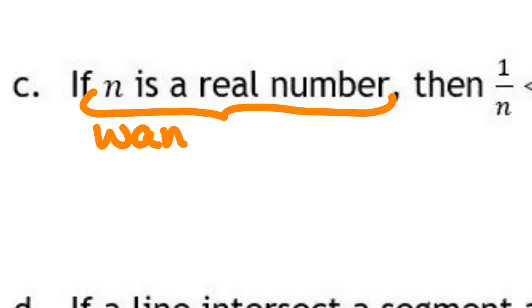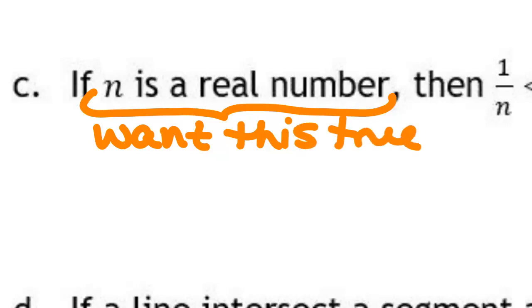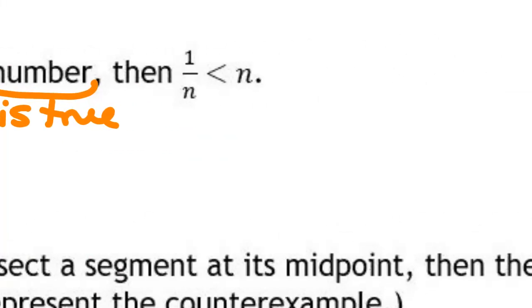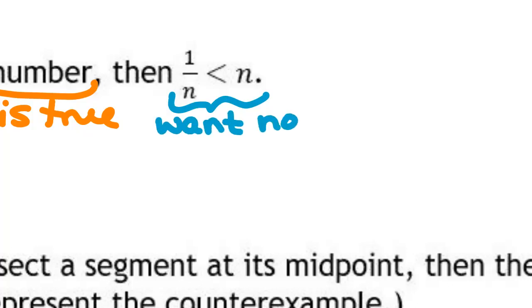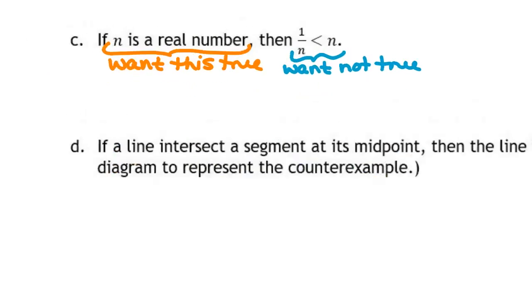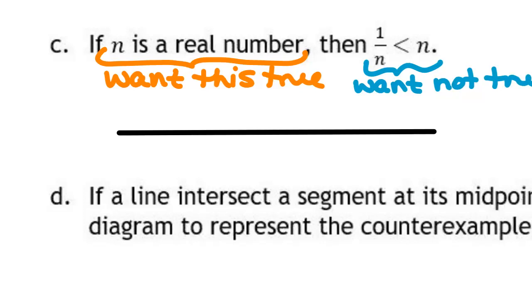I have to pick out a real number. But I want this back part false. So I need to think of some examples here. I'm going to work with a number line as I try to think this through. Let's see if 0 is right here on my number line.